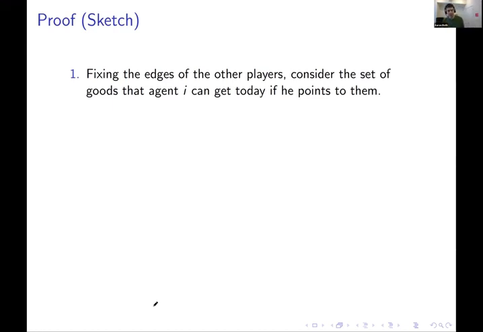Can anyone tell me? What are the goods that I could get today if I wanted, given that I know what the rest of the graph looks like? Remember that the algorithm works by clearing cycles.